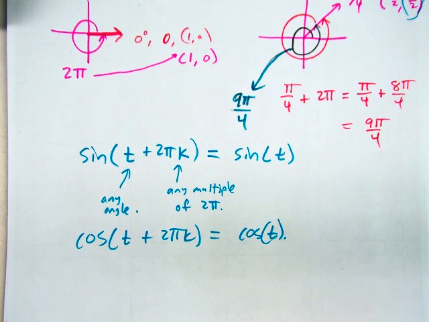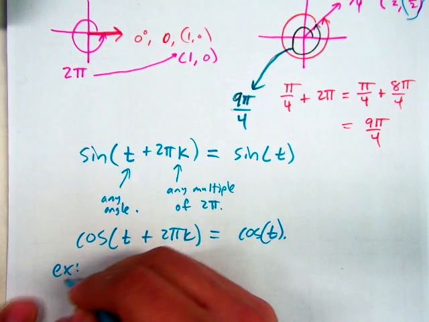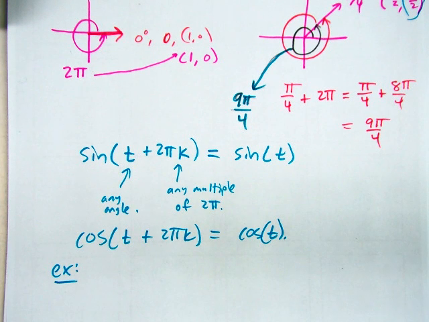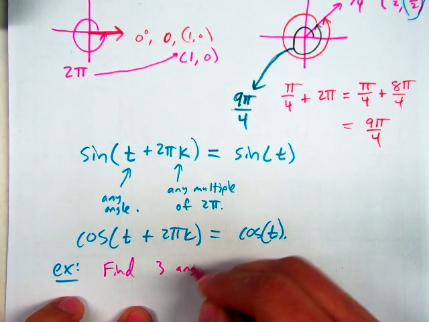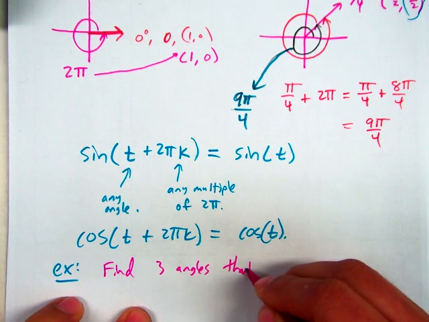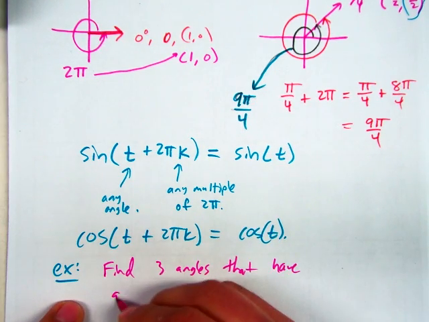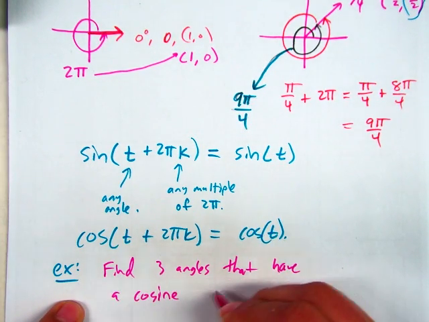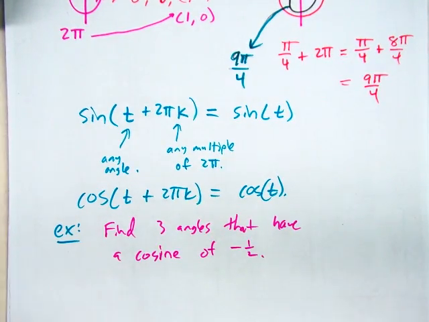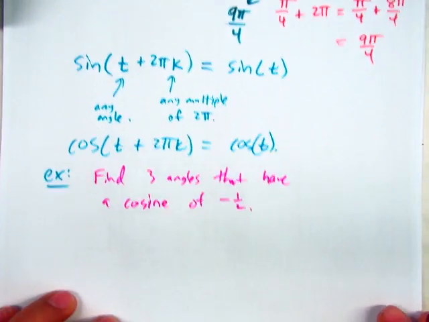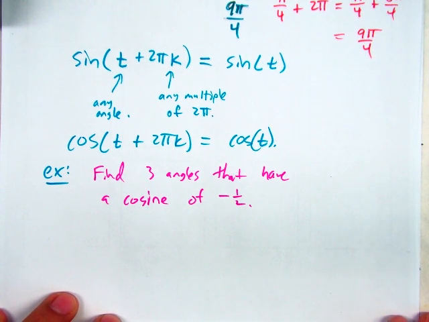So, real quick, an example illustrating this particular skill. Find 3 angles that have a cosine of negative 1/2. Okay.